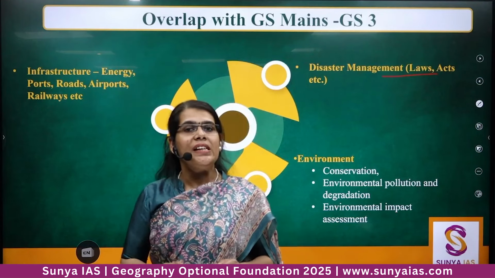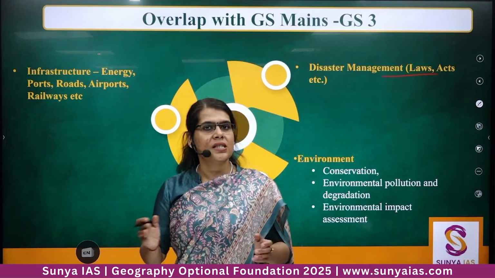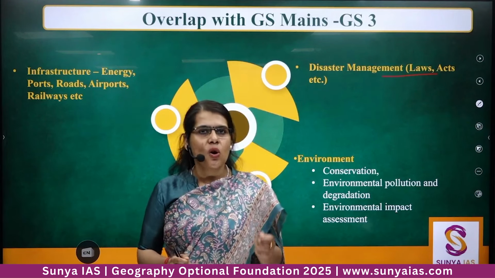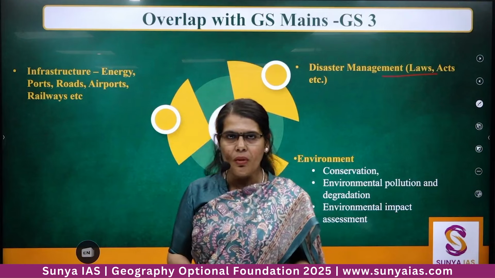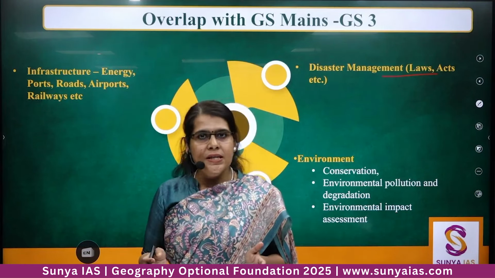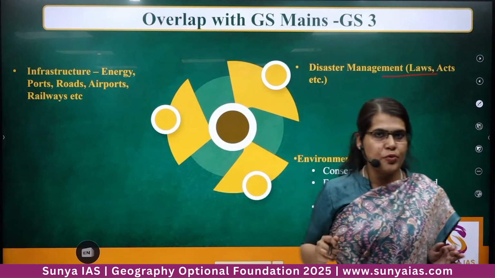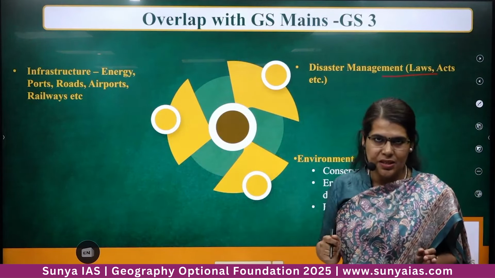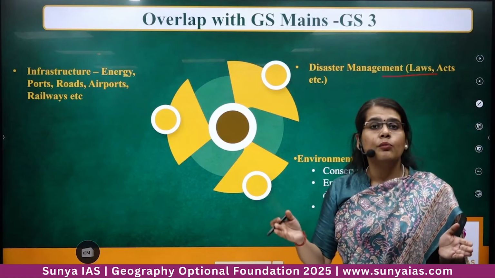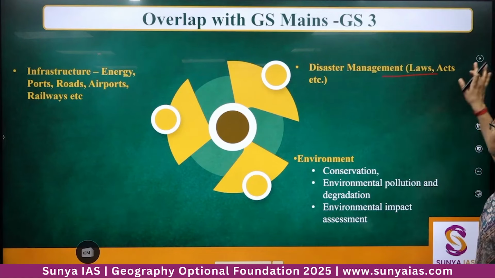For example, the issues related to women, health, poverty, etc. will be covered extensively in the geography optional. So hence, bachcho, I hope it is clear to you. That is, you have a huge overlap from the geography optional in your GS papers, because of which even if you are covering the optional more broadly, you will definitely have a certain advantage, right?